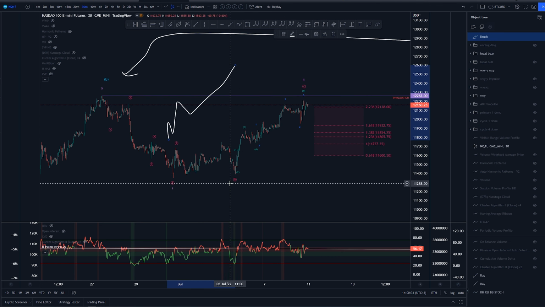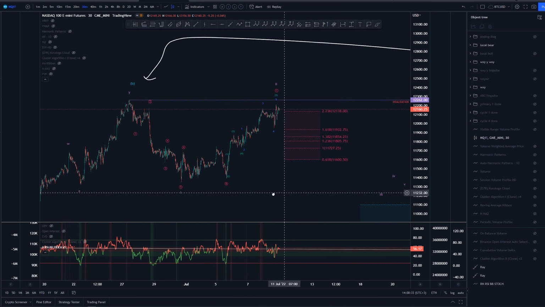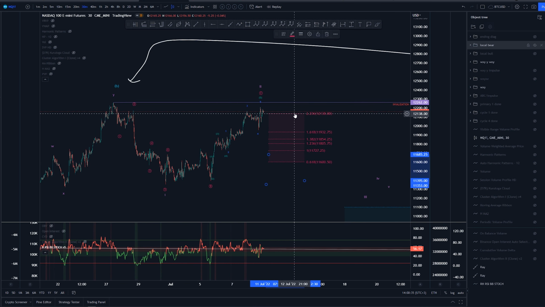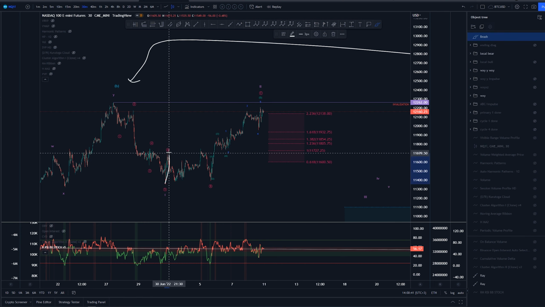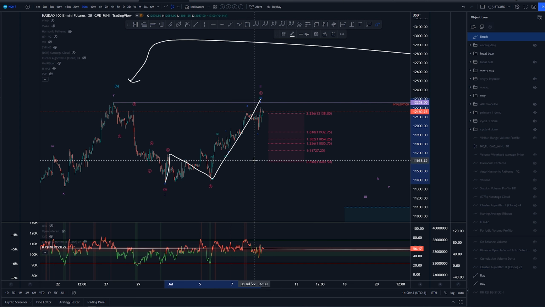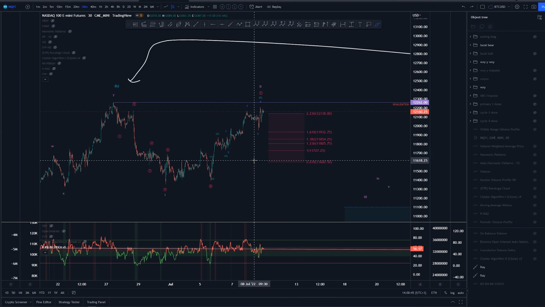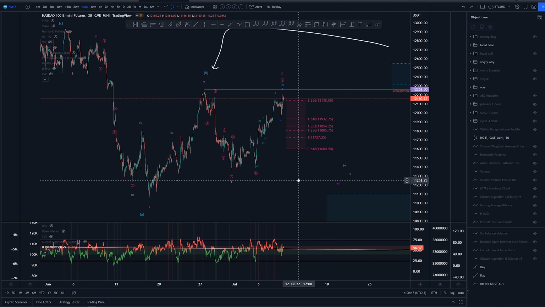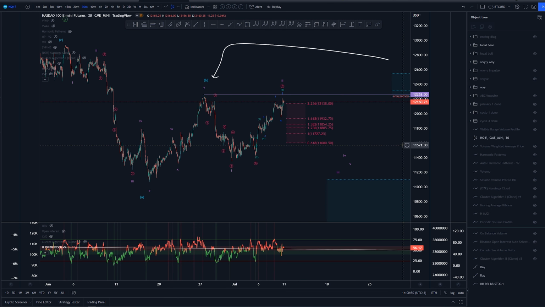Definitely does not look like a good 5-way structure here at all. Overall, we've already extended beyond the 2.236 of this AB move for the C wave, so it is less likely overall, but I'll just keep this count alive until it gets invalidated.